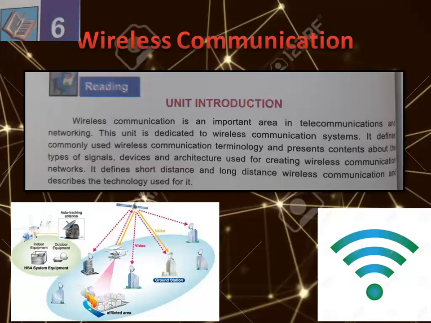What kind of technology can be used in wireless communication? There are different types of technologies, signals, and devices which we can use. So in this unit, we will discuss the complete devices, signals, and architecture used in wireless communication.